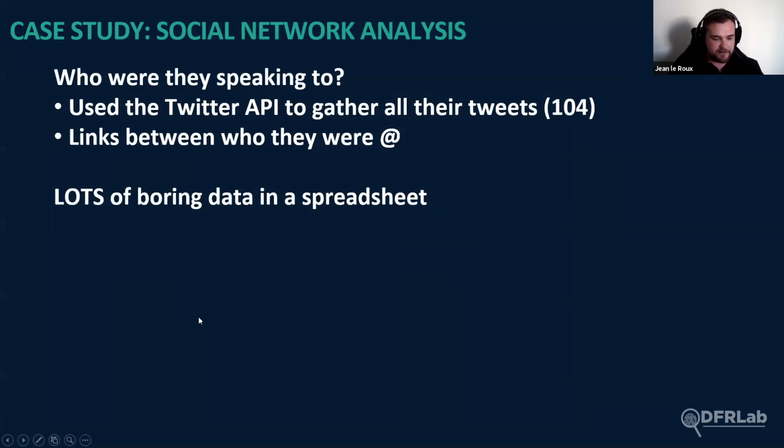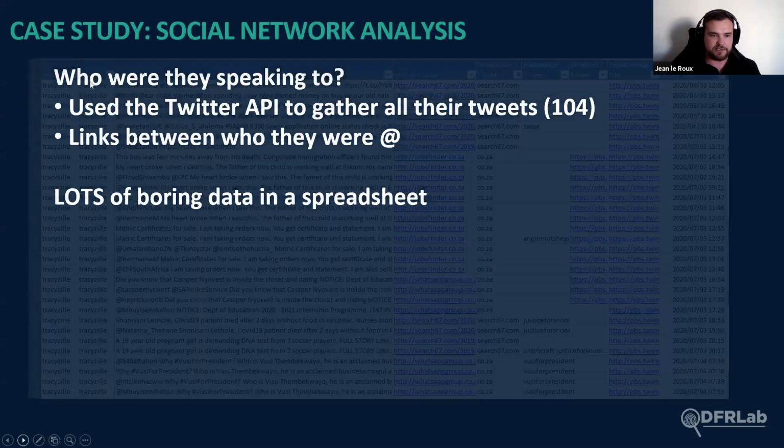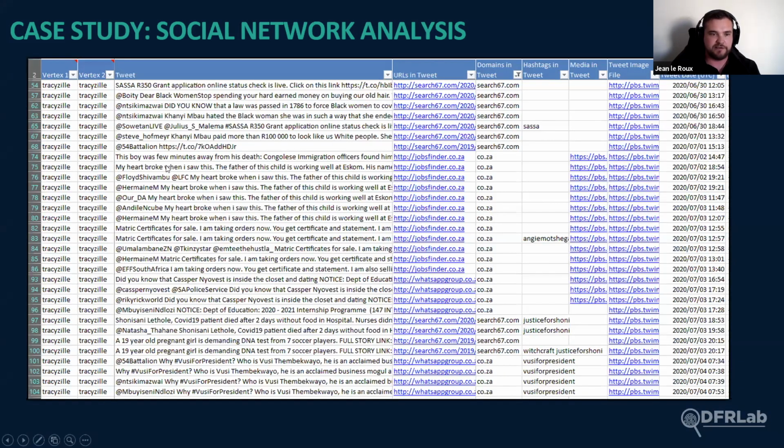So what I did was I took the account and I used the Twitter API, which is Twitter's free back-end access to all of the tweets and the tweet data, to gather all of their tweets. And at that stage, the account had only made 104 tweets. What this showed me, in this large, boring spreadsheet, was the kind of accounts that they were tweeting to. You'll see they mostly just sent out tweets on the left-hand columns.